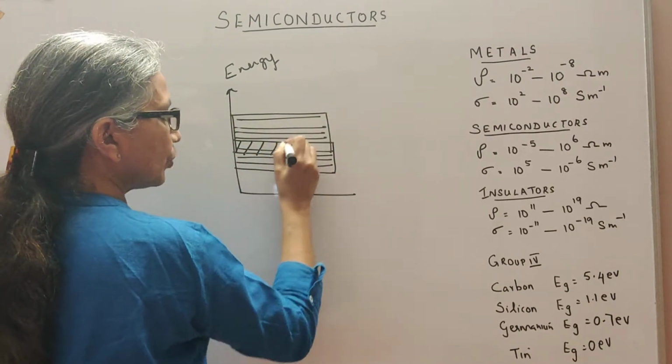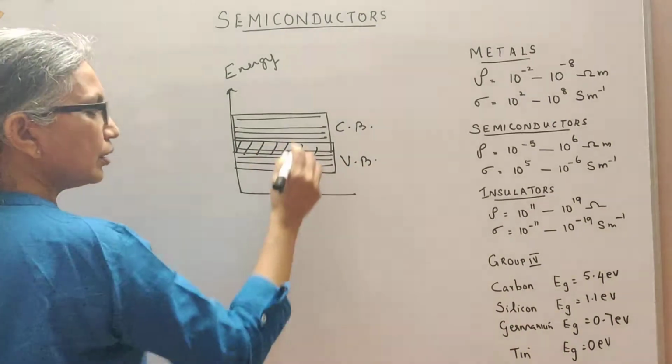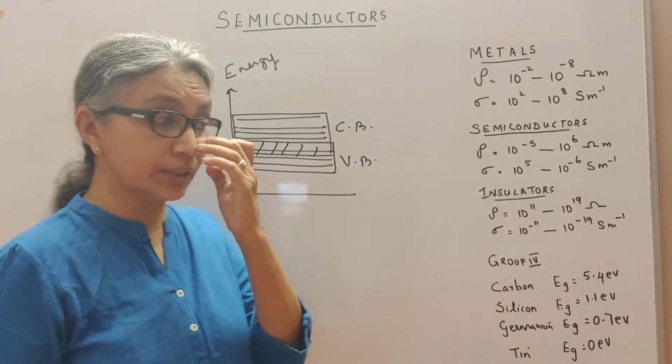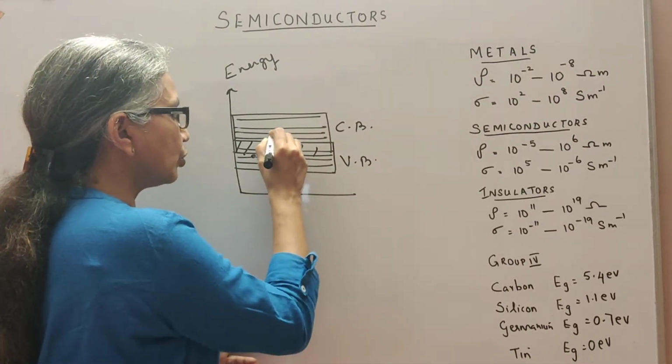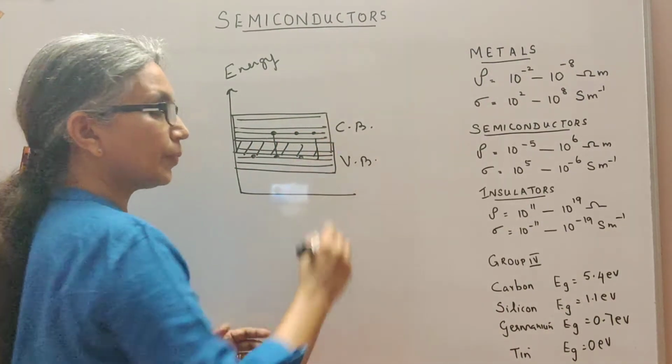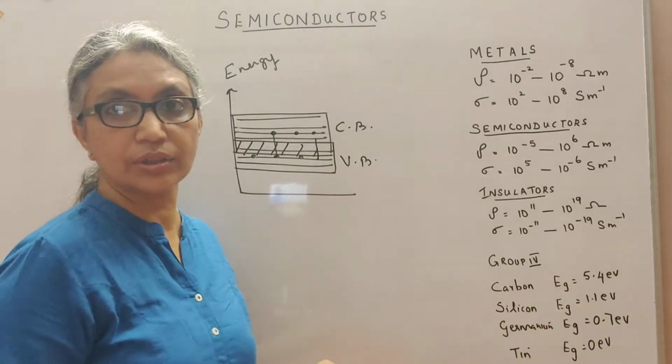So there is an overlap between the conduction band and the valence band, and there is no energy gap. That means electrons in the valence band can easily move into the conduction band, thereby becoming free electrons available for conduction, and that is why it is a good conductor.